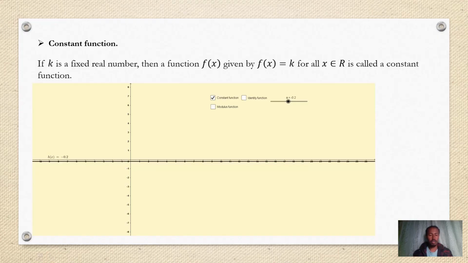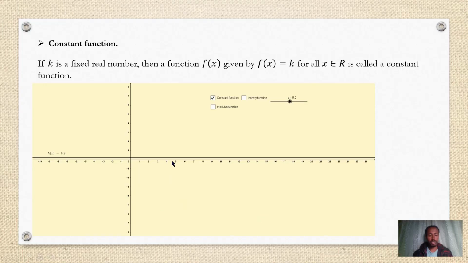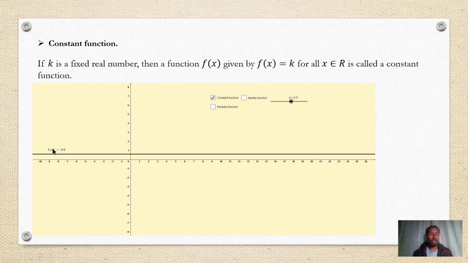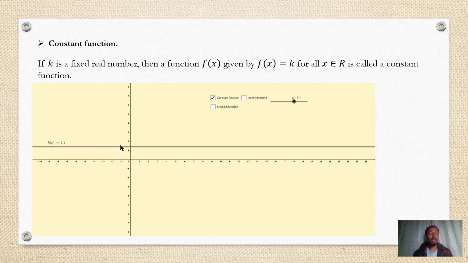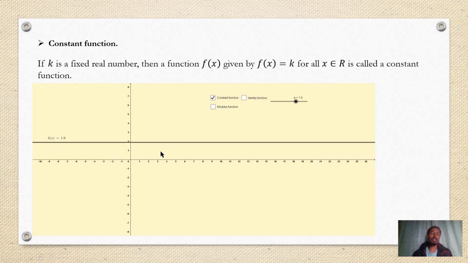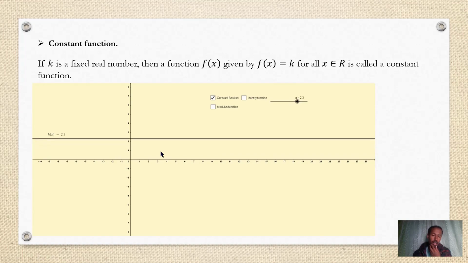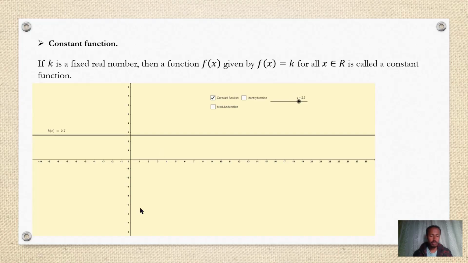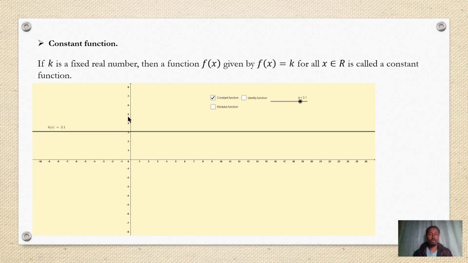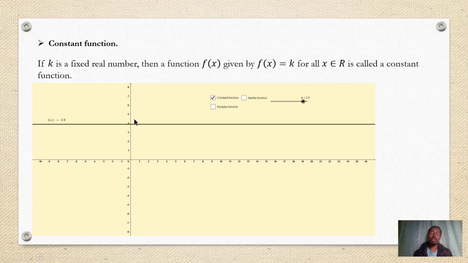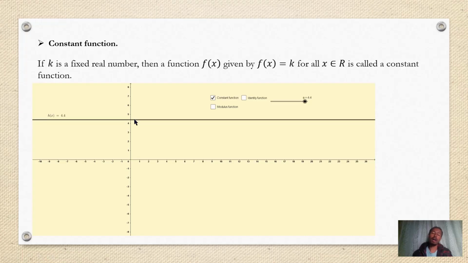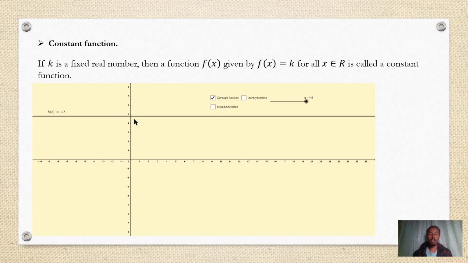As you can see from the simulation here, the graph of h of x equals a single number is a horizontal line that cuts the y-axis. This type of function only crosses the y-axis and is perfectly parallel to the x-axis.